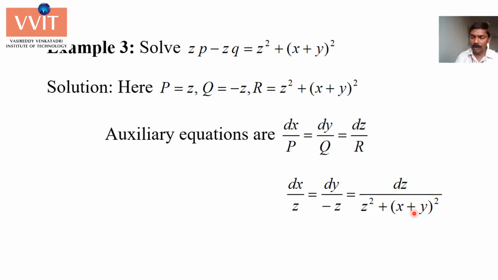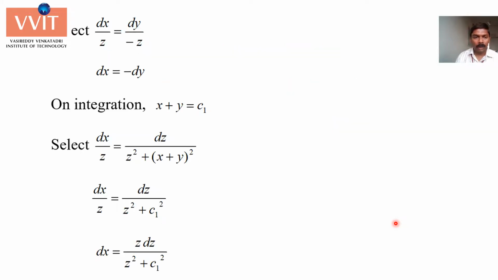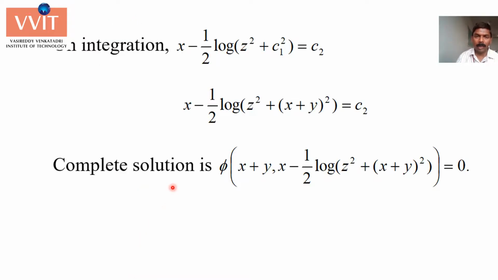After substitution of x plus y as c1, I can select first member and third member. So after selecting first member, third member, replace x plus y with c1. From there again cross multiplication. Here integral f dash x by f of x formula we can apply. With that we get the second part of the solution like this.